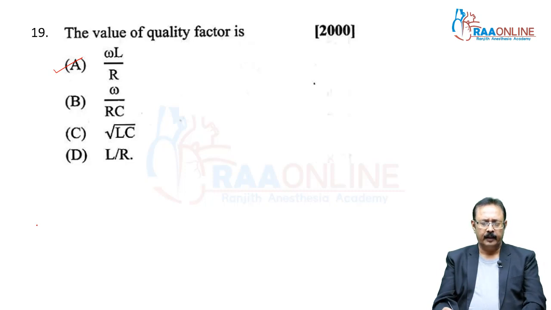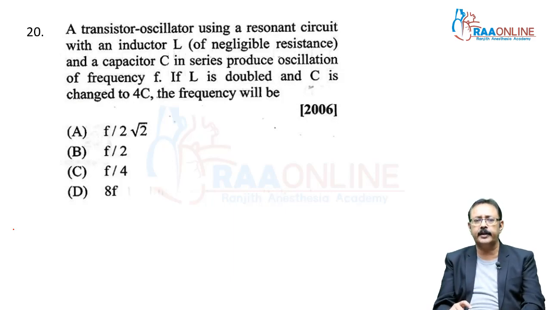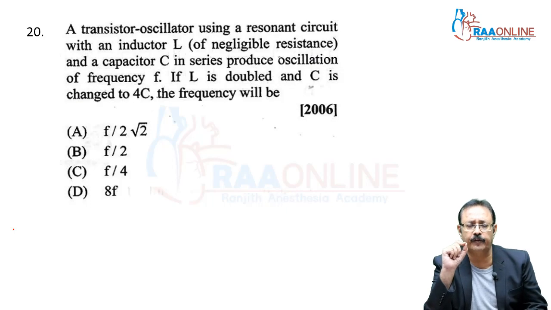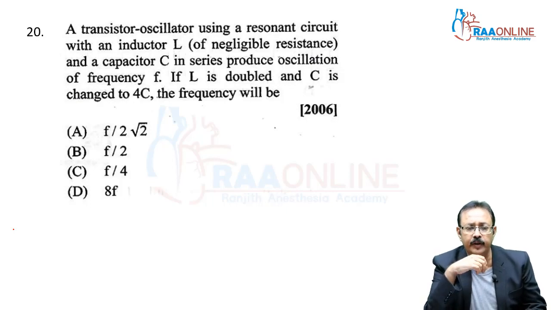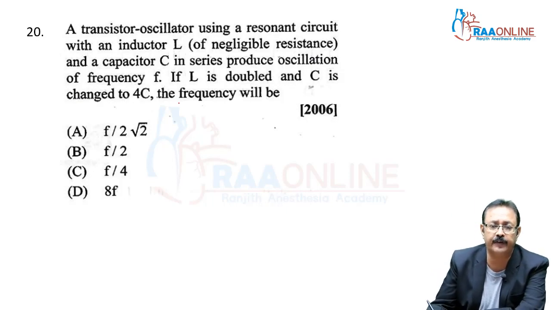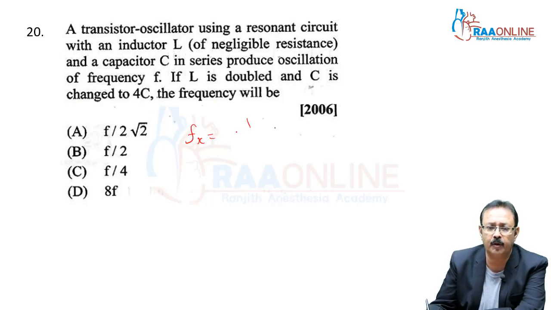Next, it is from 2006 AIPMT. A transistor oscillator using a resonant circuit with an inductor L and a capacitor C produces oscillation of frequency F. We know that at the time of oscillation, means resonant frequency, the resonant frequency is given by 1 upon 2 pi root LC.